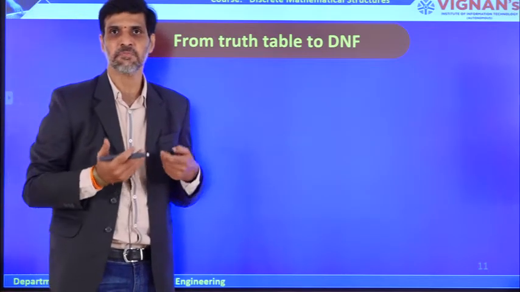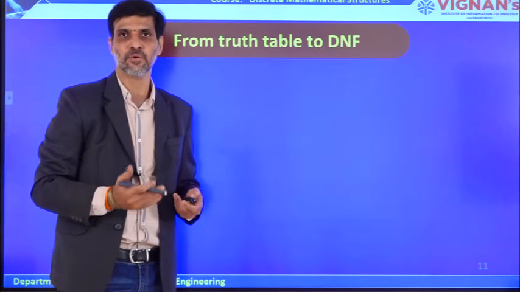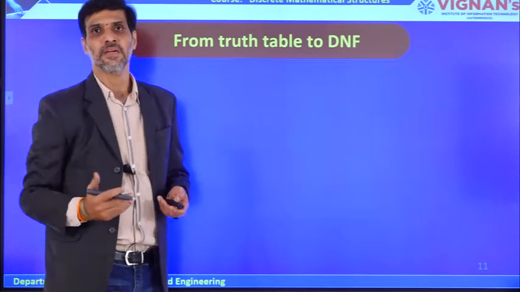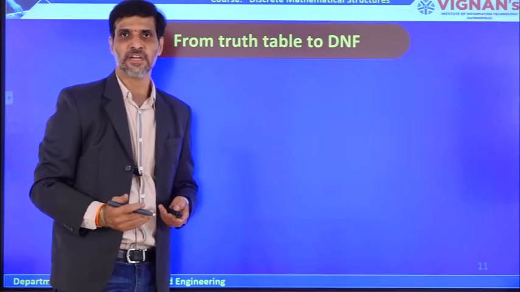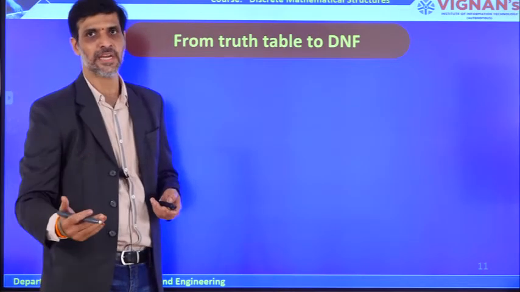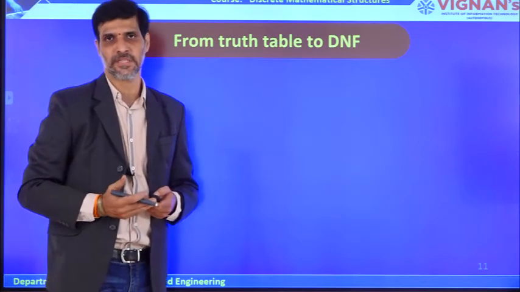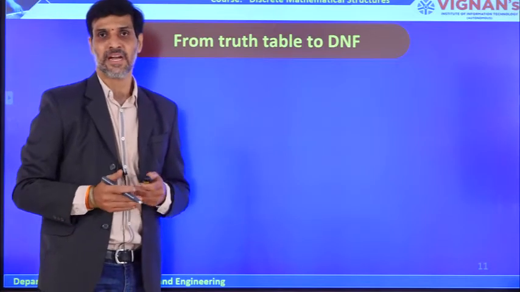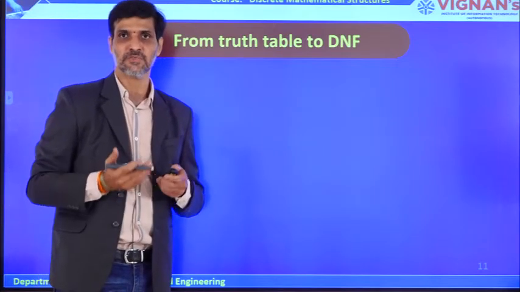But once we know the definition, how do we convert the given compound proposition into disjunctive normal form? What are the various methods? Generally, we can convert the given compound proposition into DNF by using two methods. The first method is the truth table method, but it is a tedious process, as we discussed already.